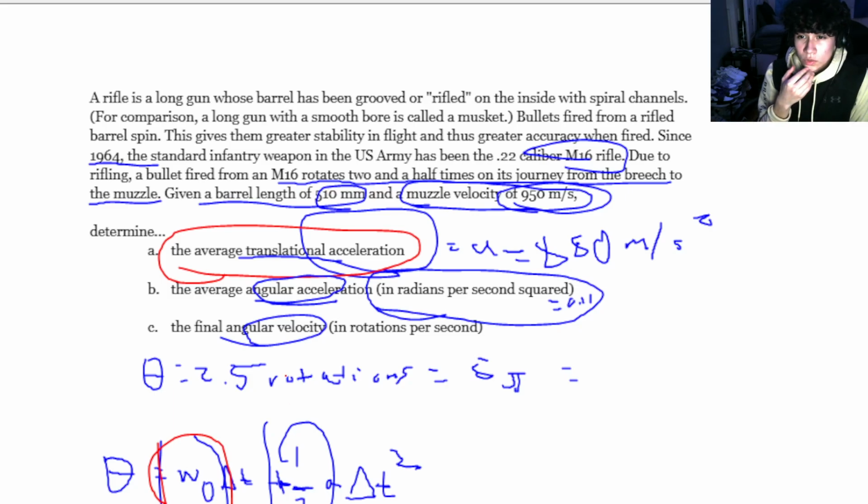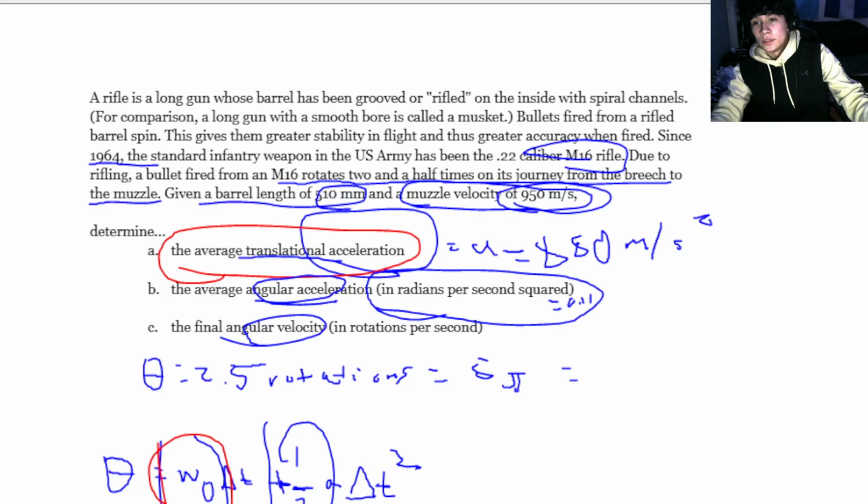I know it's initial angular velocity, but I don't know what I do from there.